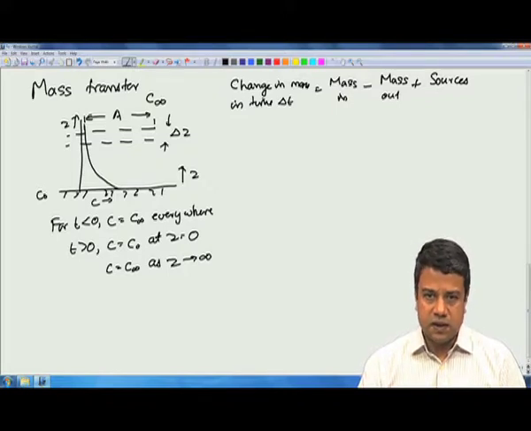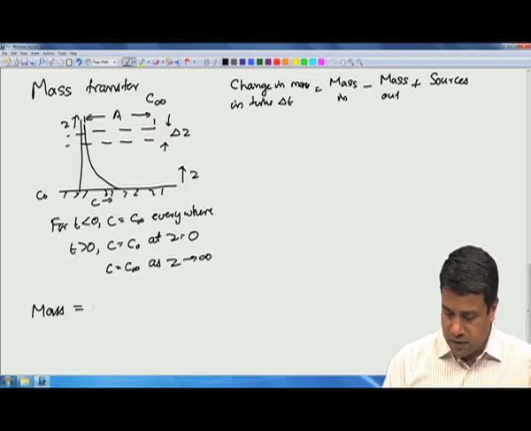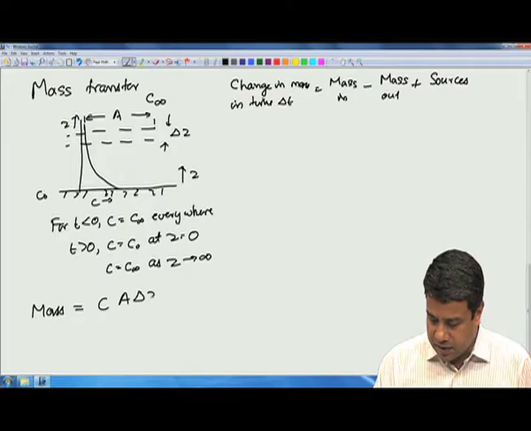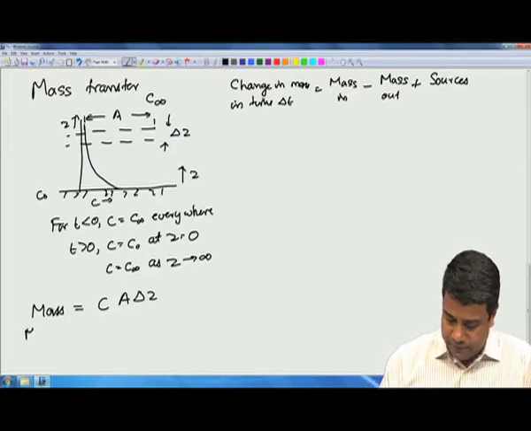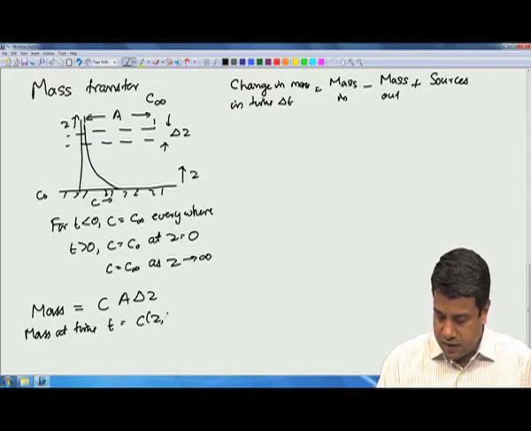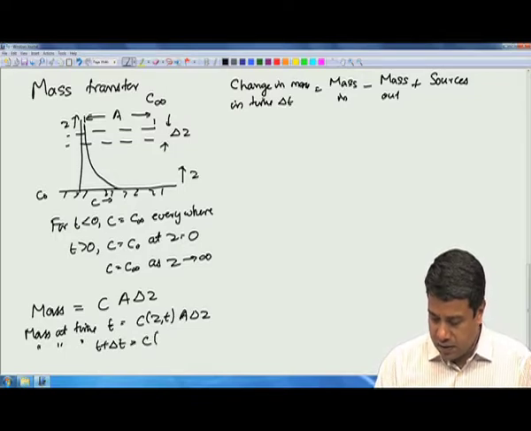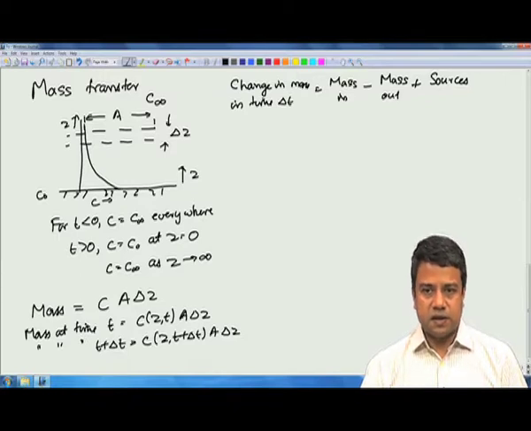What is the change in mass within a time delta t? The mass within this volume is going to be equal to the concentration times the volume itself, A times delta Z. So, therefore, the mass at time t is equal to C at Z, t, times A delta Z, and mass at time t plus delta t is equal to C at Z, t plus delta t, times A delta Z. So, therefore, the change in mass is the change in concentration times the volume.